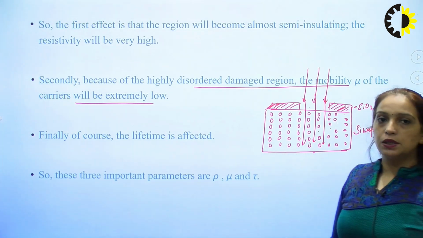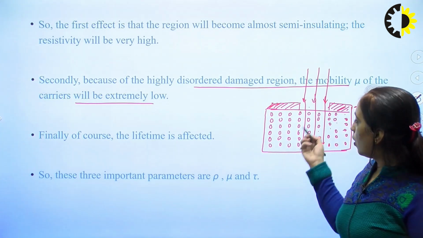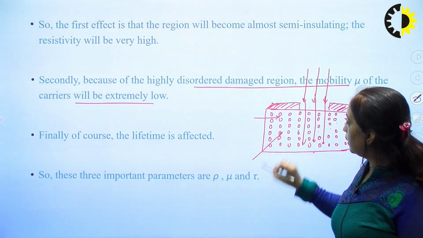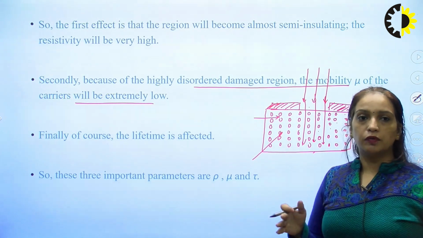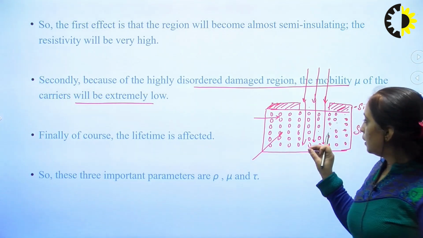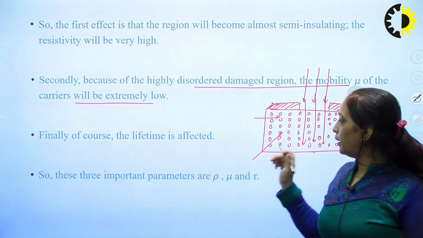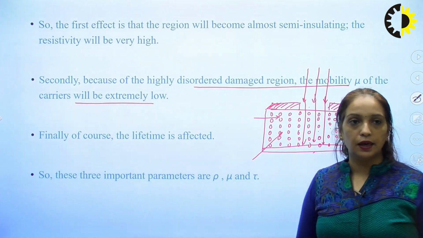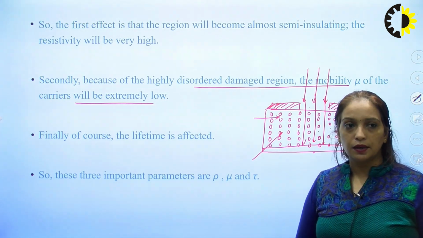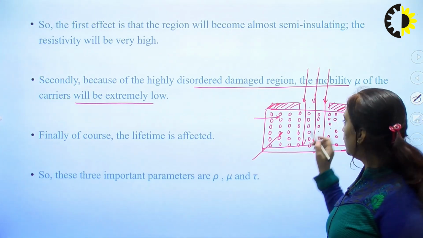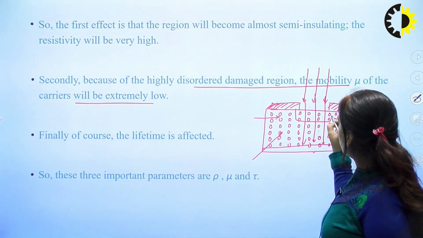Whether you target from this side or from this side, most of the dose will not be properly diffused, and it will settle at the end of the wafer. That is the first thing we do not require in diffusion. We need diffusion under this profile only, right?